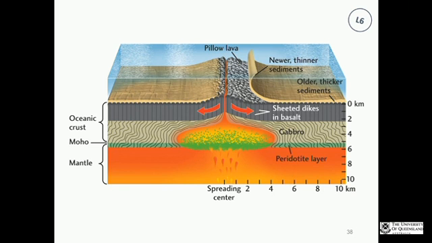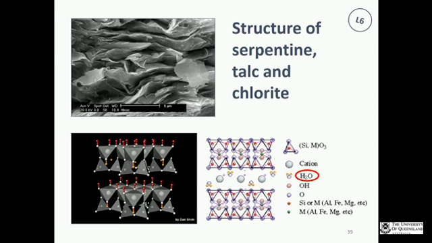Ophiolite, yeah? So what happens in these situations is that we have, in the middle of the ocean, a very toasty environment. It's very hot for being really deep. And so what happens is that water comes through these dikes, gets heated up, and starts metamorphosing our basalts and our gabbros. And the basalts and the gabbros, which are rich in olivine and pyroxenes, are going to start getting hydrated.